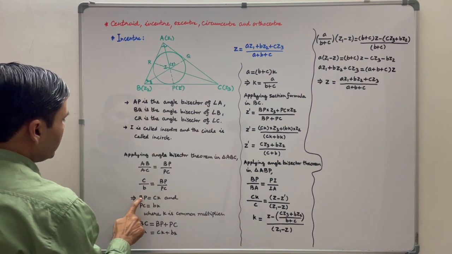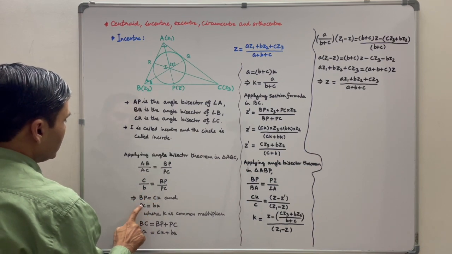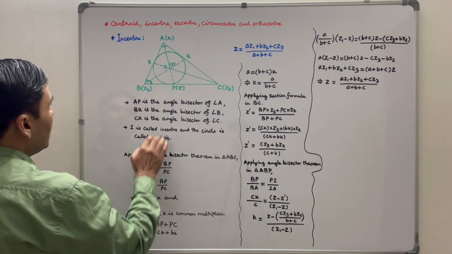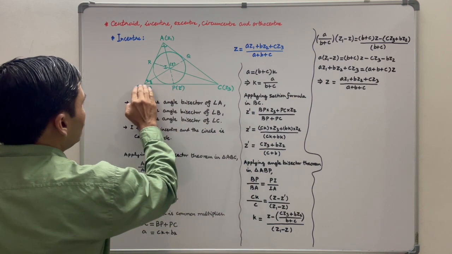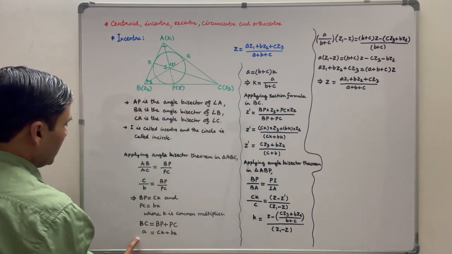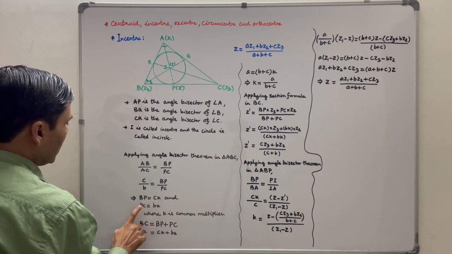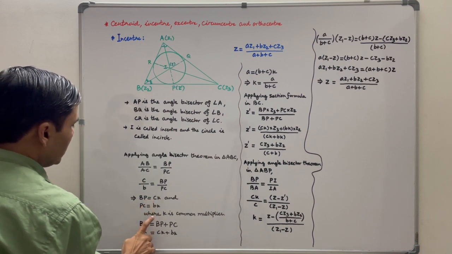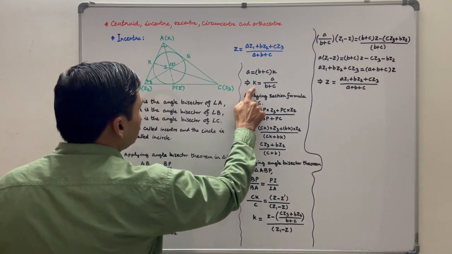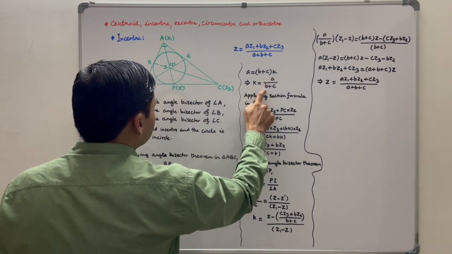Let us say BP is equal to ck and PC is equal to bk, where k is a common multiplier. Also, BC is equal to BP plus PC. BC is equal to a. BP is equal to ck and PC is equal to bk. So a is equal to ck plus bk, or k is equal to a upon (b plus c).